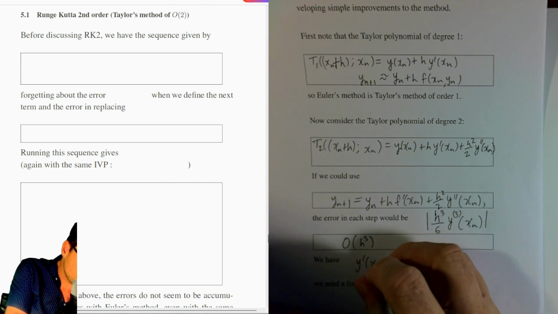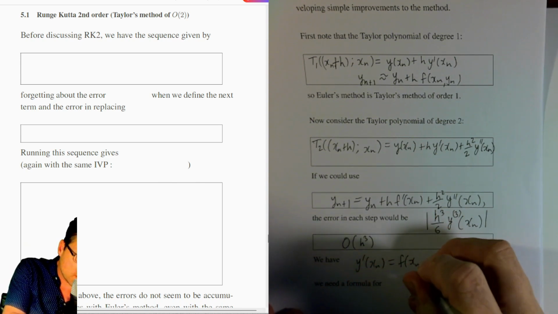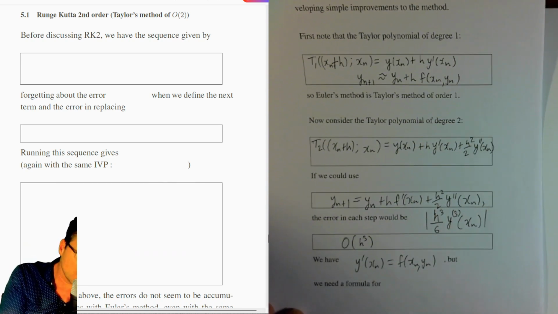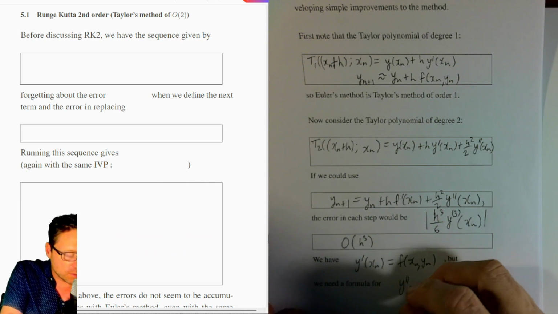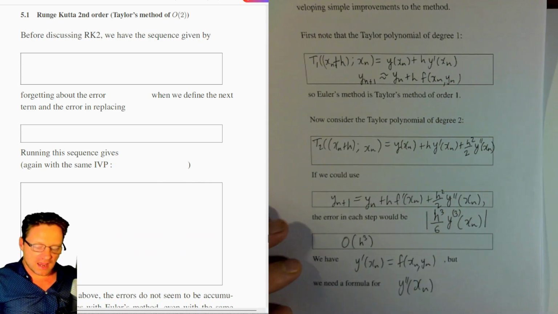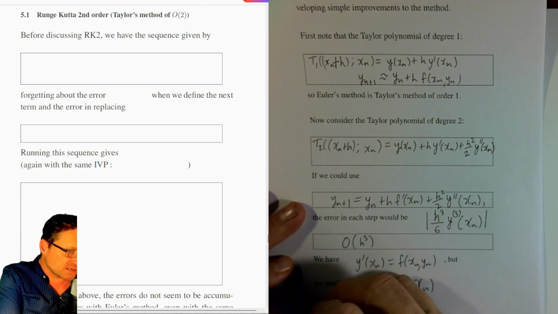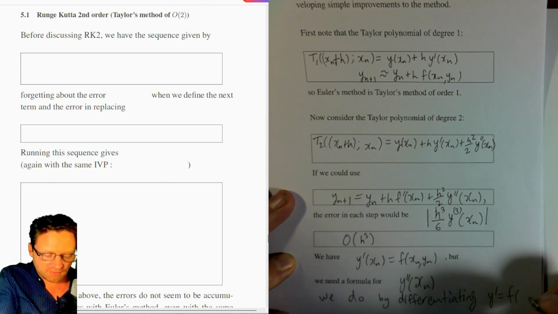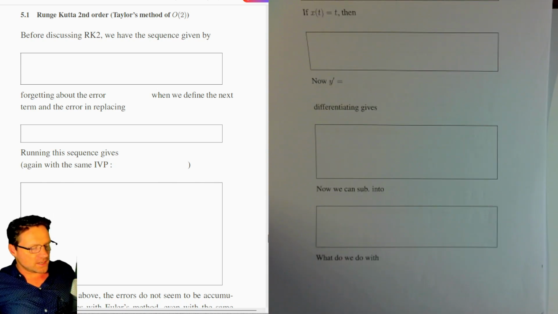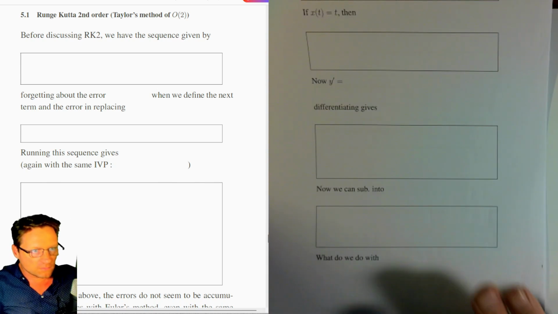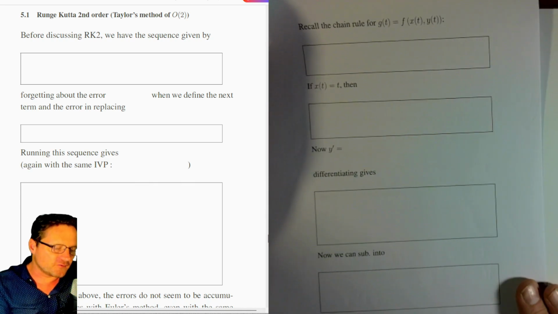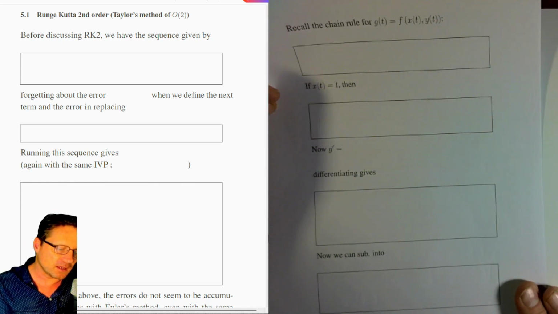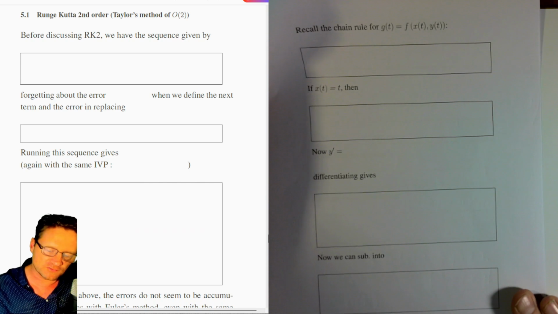y'(x_n) is f(x_n, y_n), but we need a formula for y''(x_n). We do this by differentiating y', which is f of x and y. Let's recall the chain rule for g of t when x and y are both functions of t.